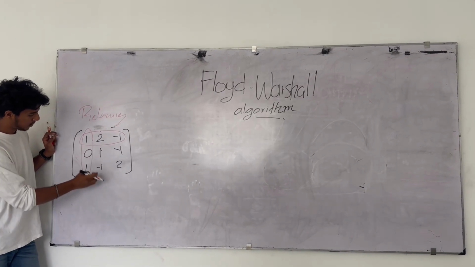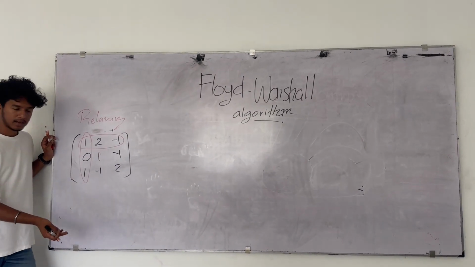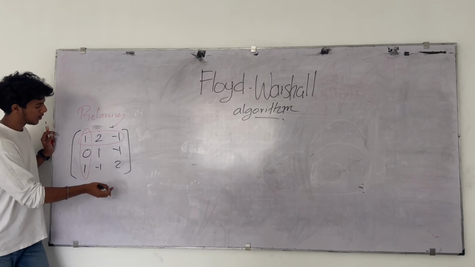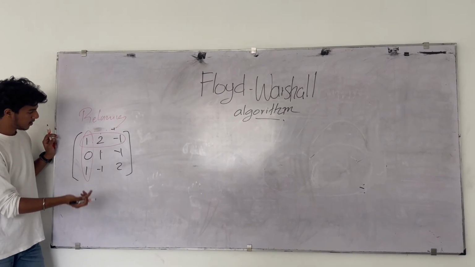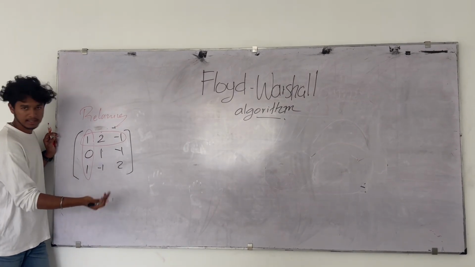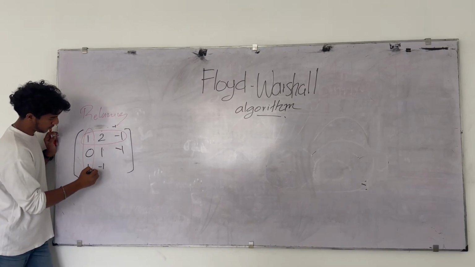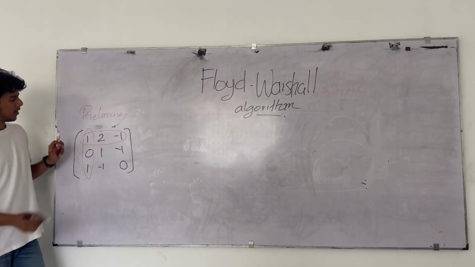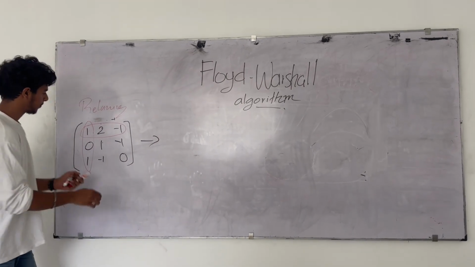Directly above is 2, left is 1, 1 plus 2 is 3, not less than -1. We move on to the next. Directly above is -1, -1 plus 1 is 0. 0 is less than 2, so we replace it by the addition of these two. We continue this for the matrix.